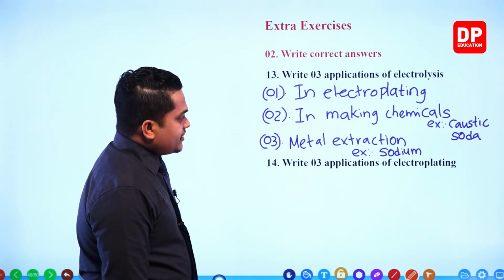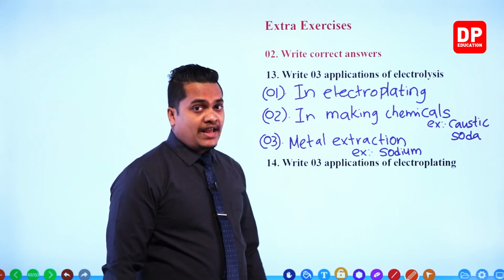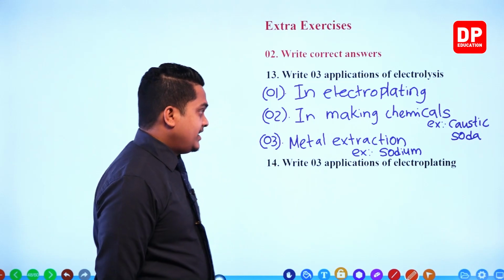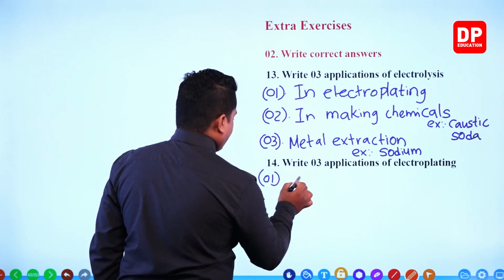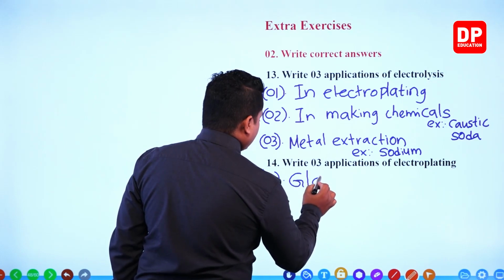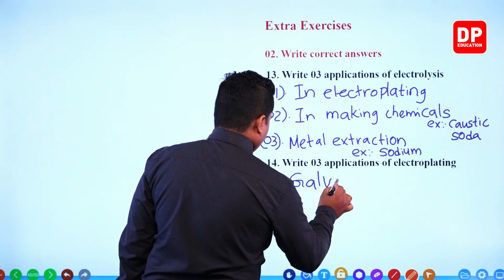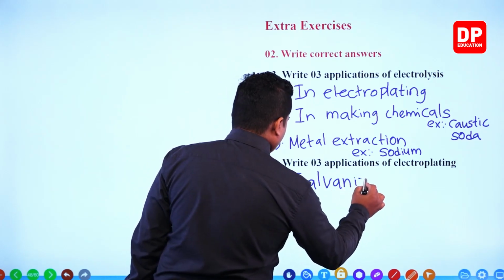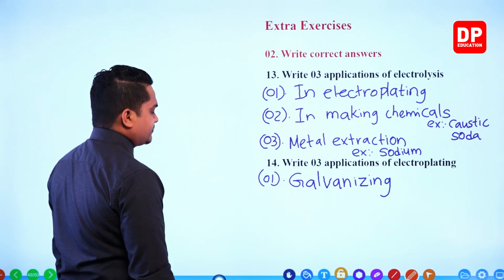Right, 3 applications of electroplating. So here we have to use the process of electroplating, my dear children. So electroplating, number 1, galvanizing. Galvanizing.